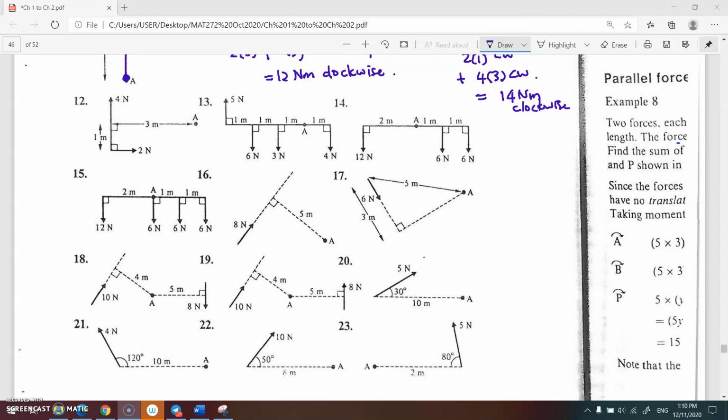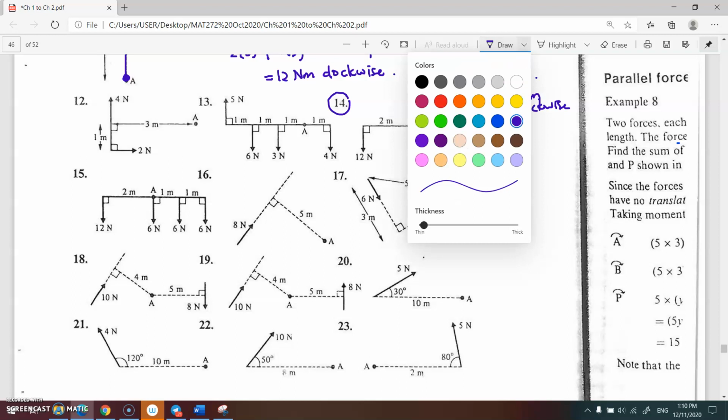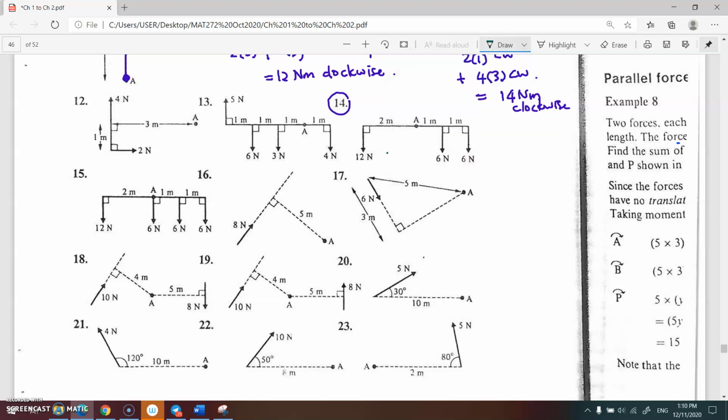Okay, now this one, question 14. Let's say you have more than one moment, and A is the nut here. So we have 12, and the distance is 2. And then we pull it here, so the nut will go anti-clockwise. And then we have 6.